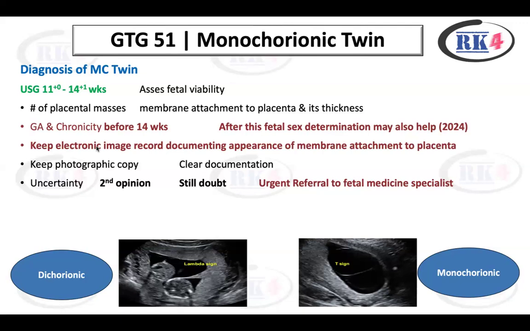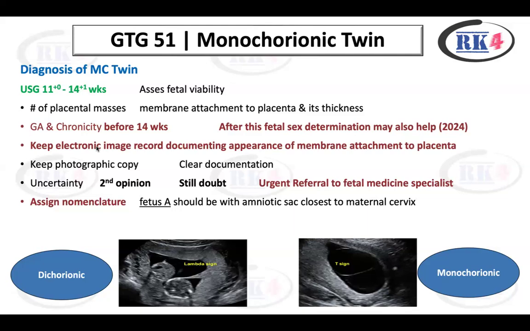So that takes me to a very important piece of advice related to EMQs: please read the question very carefully. Focus on each and every word given in the exam. Now, it is so important at the time of the first ultrasound that you assign nomenclature to the fetuses.